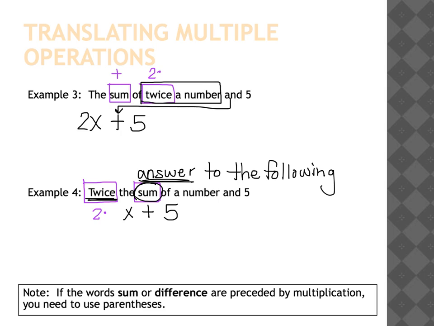Then what we need to do is put parentheses around the x plus 5 so that I do inside my parentheses first and then take twice that. So twice the sum of a number and 5 means 2 times parenthesis x plus 5, close parenthesis.